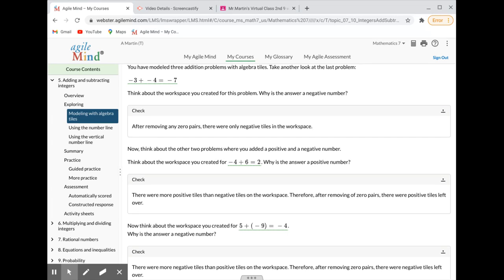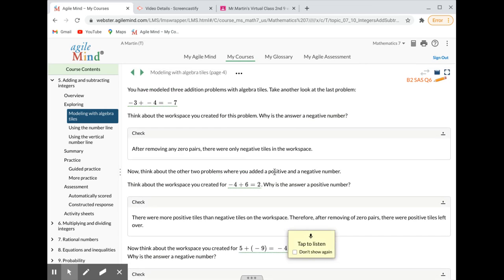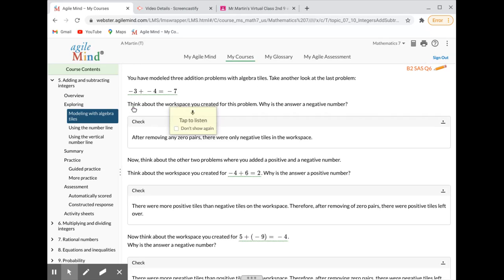All right, so looking at this, out of what we've looked at so far, we have -3 and -4. These both have the same sign, right? Since they both have the same sign, that means our answer is going to be negative.